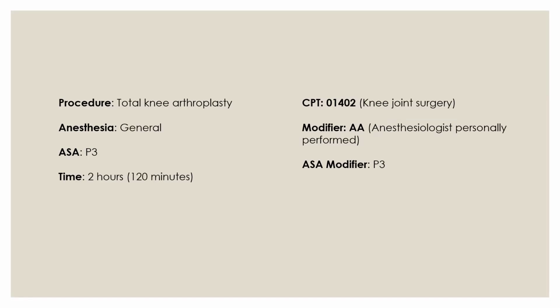Here we have total knee arthroplasty. The total knee arthroplasty falls under the knee joint anesthesia code. Again, we have the anesthesia as general. The ASA code is P3, which means the patient has severe systemic disease, and the time reported is 2 hours or 120 minutes.